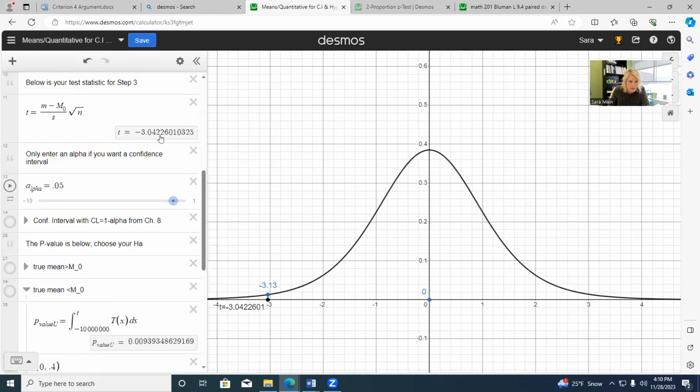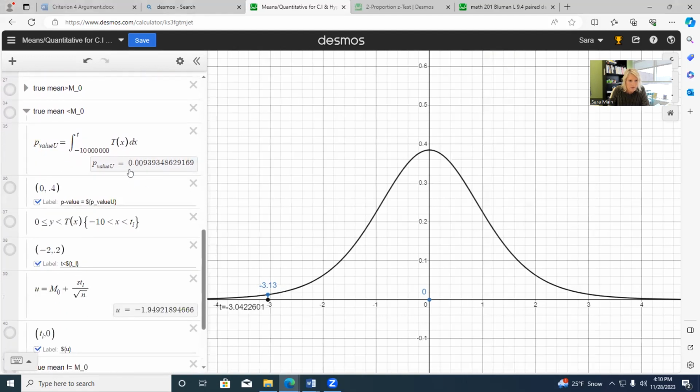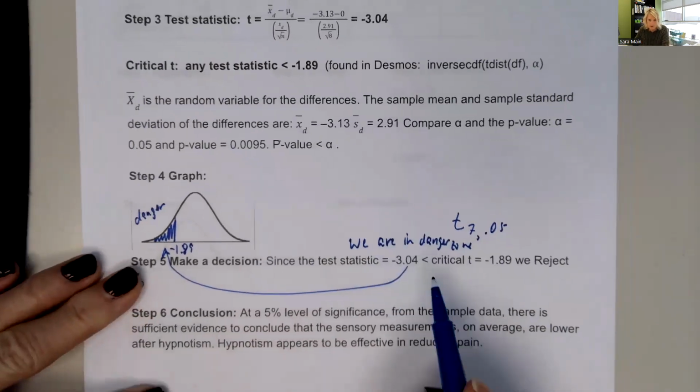And I'm just validating here is our test statistic. So our p-value is 0.0094. And the one I have on your notes is 0.0095. That's just because of some rounding when I did my hand calculation.